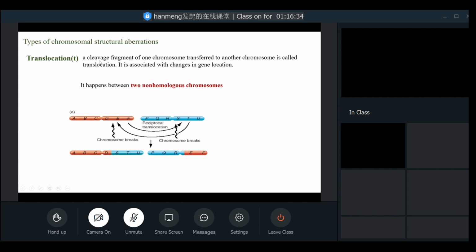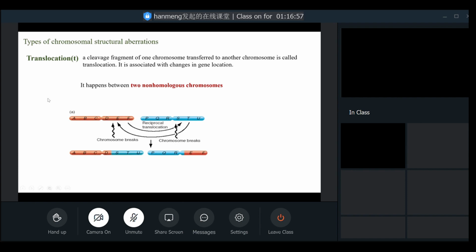It means a cleaved fragment of one chromosome is transferred to another chromosome. It is associated with a change in gene location.